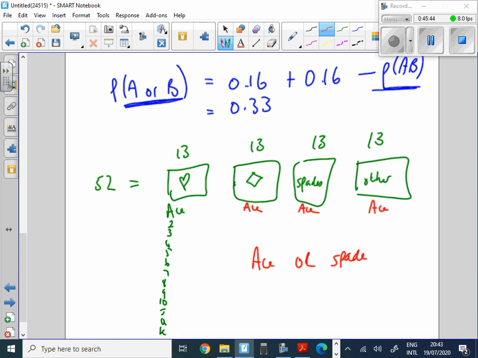Now, the probability of it being an ace, there's 4 aces out of 52. How many spades are there? There's 13 spades out of 52. So if I now say to you, what's the probability of an ace or a spade? You would say, well, the probability of an ace, there's 4 aces in the pack out of 52, plus there's 13 spades out of 52.